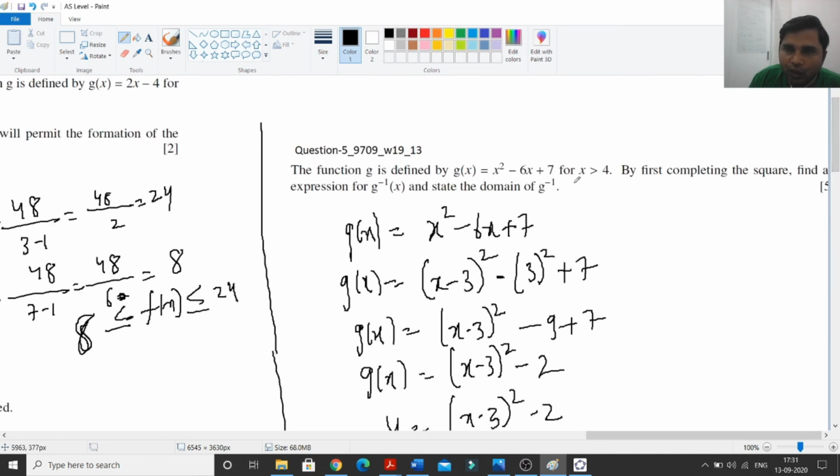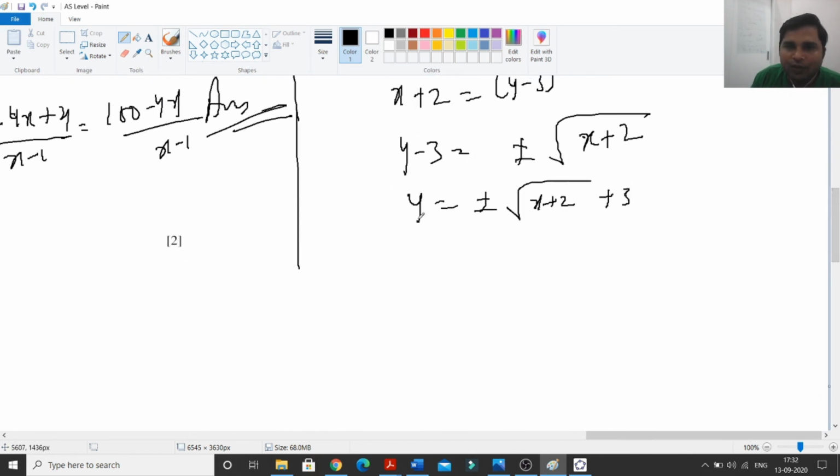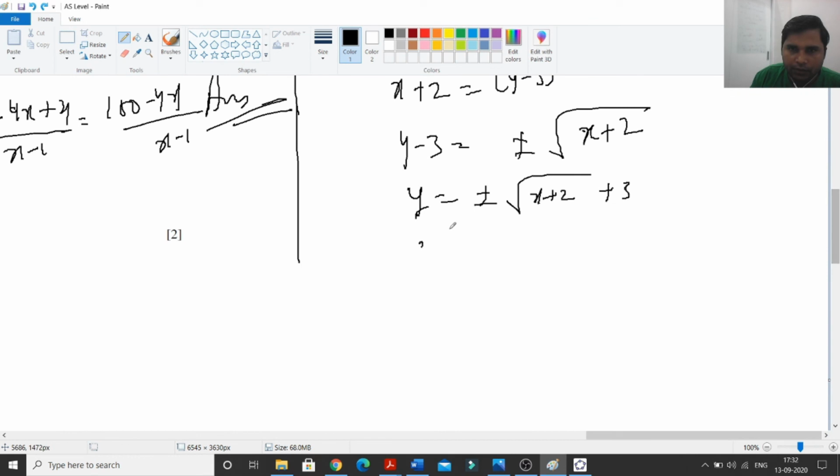As we know, the domain of the function is greater than 4, which is positive. So the range of the inverse function should also be positive. That's why we'll take the positive sign. So g inverse x is square root of x plus 2, plus 3.